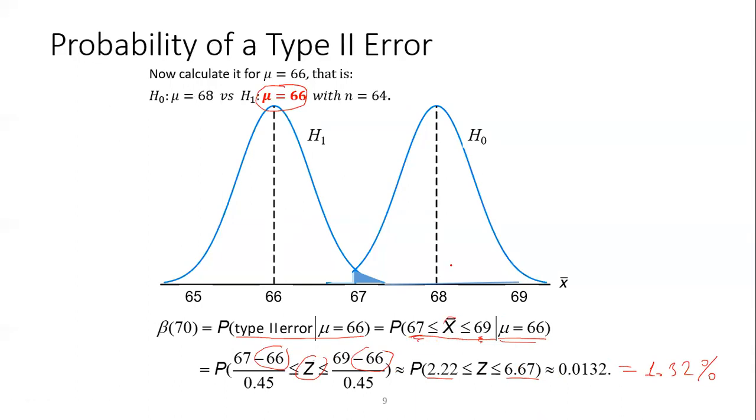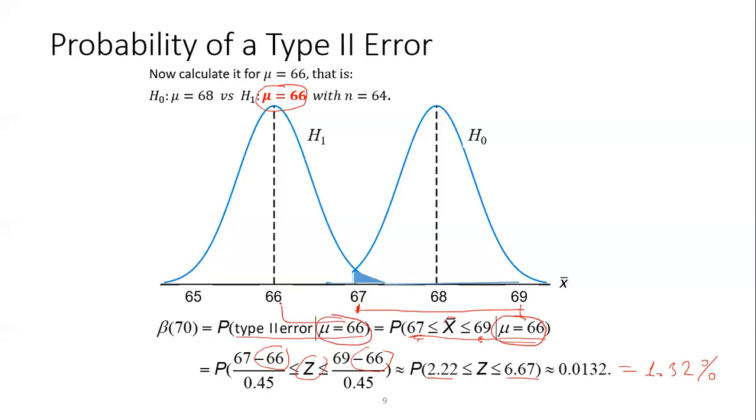So let's try to understand this from the figure as well. Again, I will try to find the probability that x bar is between 67 and 69, given that mu is equal to 66. What does it mean that mu is equal to 66?